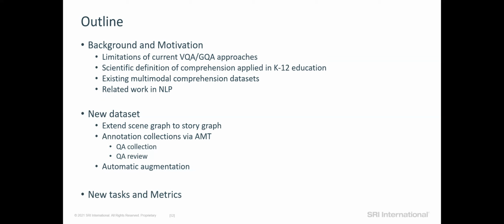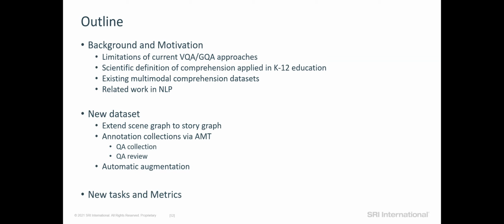So what was our aim here? Our aim here was to develop a new data set that truly tests multimodal comprehension, right? So what are ways we could do that? What we are thinking is, why not have questions that are at every level of this taxonomy?